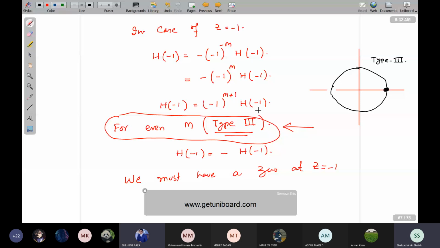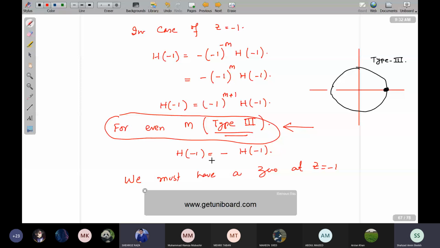It's not coming from the air, it's not coming from the vacuum. But this is the equation which is telling us कि जब m even होगा, in that case क्या situation बनेगी? m even है तो ये situation बन जाएगी -1 raised to power some odd value, and -1 raised to power some odd value will be minus. So h of -1 will be equal to minus h of -1, and that would be only satisfied when h of -1 will be equal to 0.